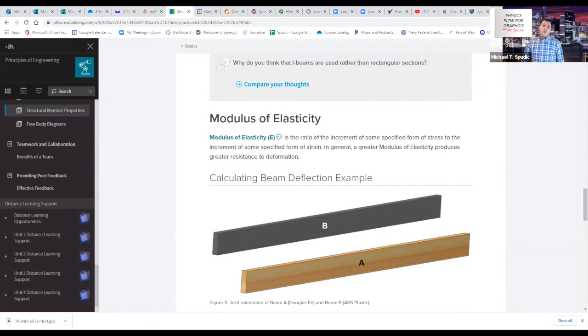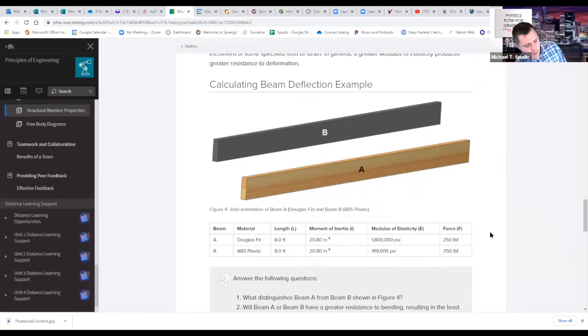Okay. So what we're talking about today is what makes an object bend. If I walked across these two beams, what are the different factors that would go into making something bend? If I'm going to use one of these beams to build the second floor of a house, how much will it bend?